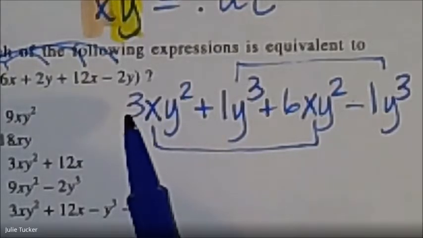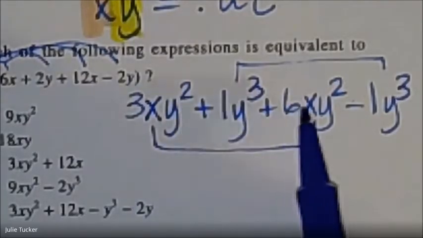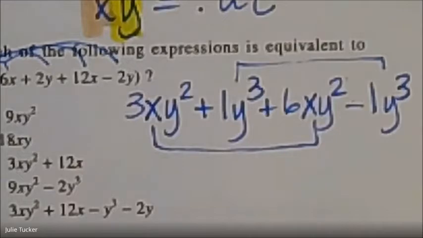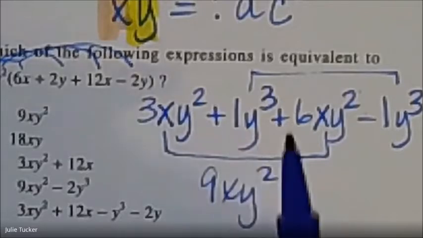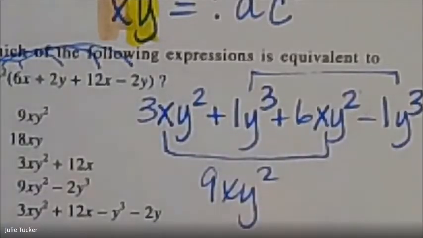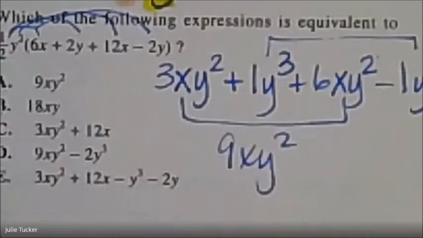Okay. So when I do 3xy squared and 6xy squared, what do I get? 9xy squared. Yeah, I knew what you meant. And then 1y cubed minus 1y cubed. Let's check their answers.